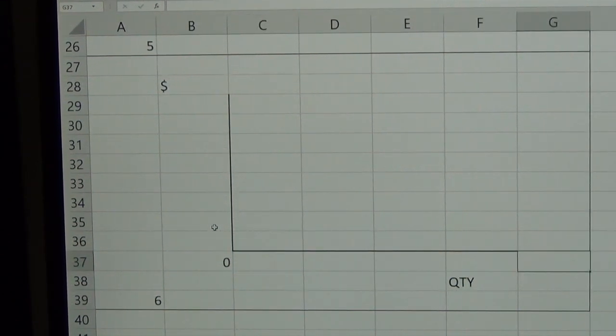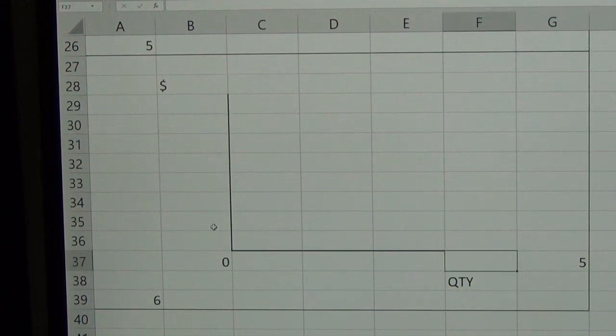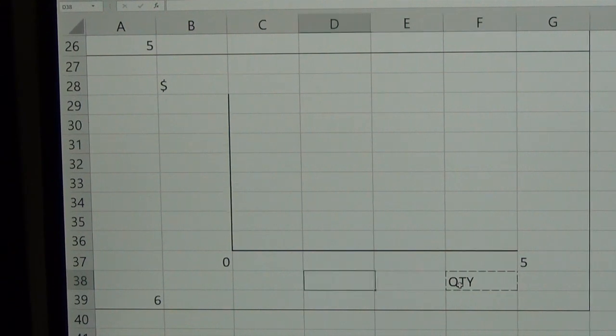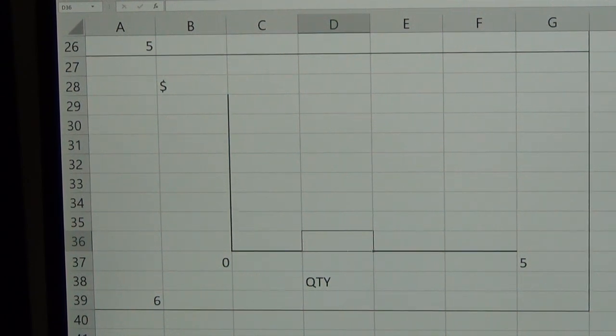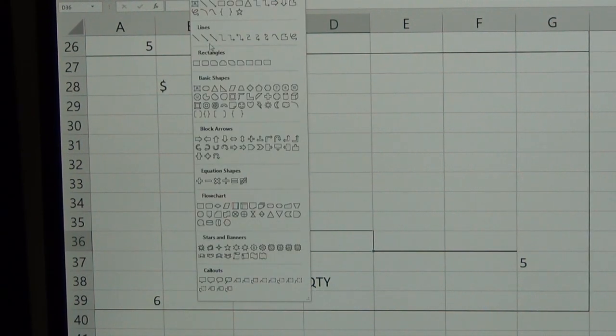Let's say we put on this end 5, whatever number of units. So this is 0, this is 5 in terms of quantity. I guess we can move that over. And then let's see, we'll use the drawings. We're going to insert a shape. How about we do that? We'll do lines.